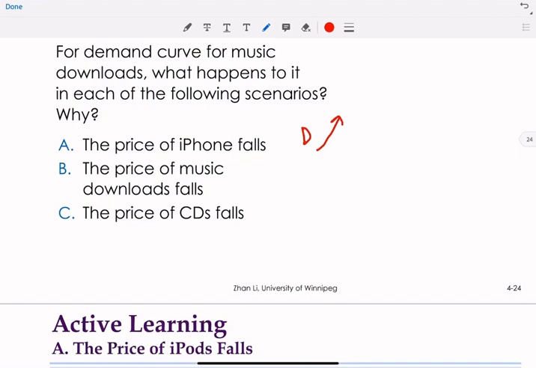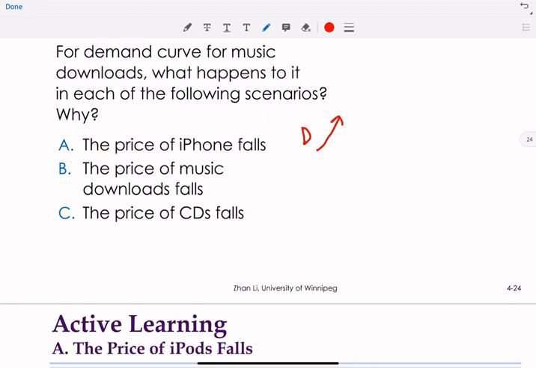So, let me correct my mistake. Basically, if the price of iPhone falls, then the quantity demanded for iPhone increases, right? So if there are more iPhones in the market, there should be more music downloads, which means the demand for music downloads actually increases. So you can see that it's easy to make mistakes, right?